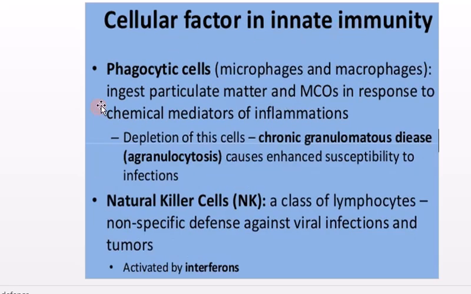Cellular factors, as I said to you, are phagocytic cells, which are very active in destroying foreign particles. Similarly, natural killer cells are another group of cells actively involved in destroying.